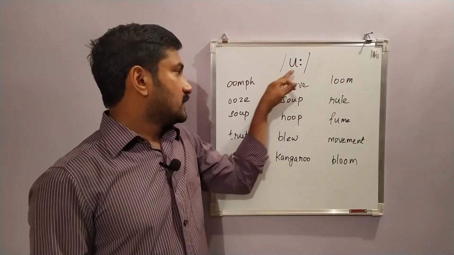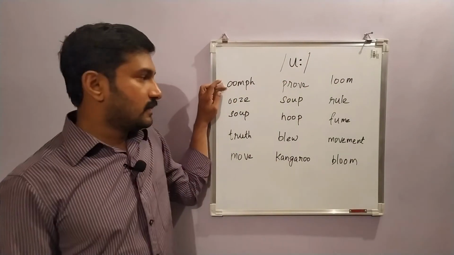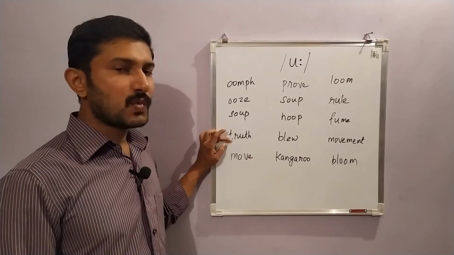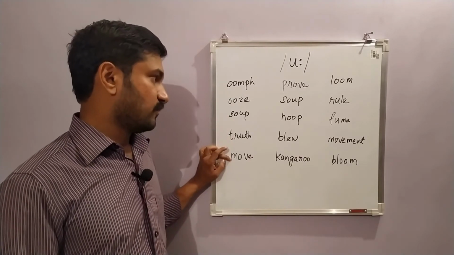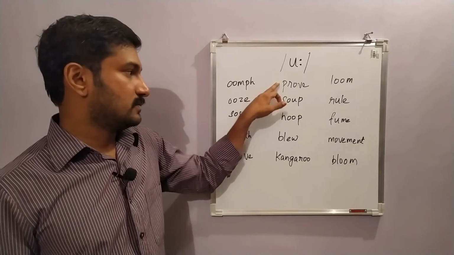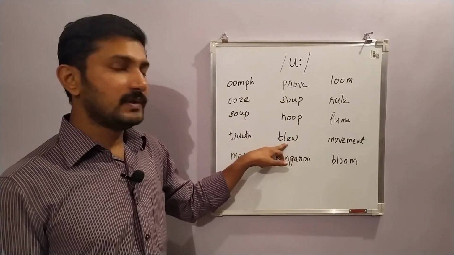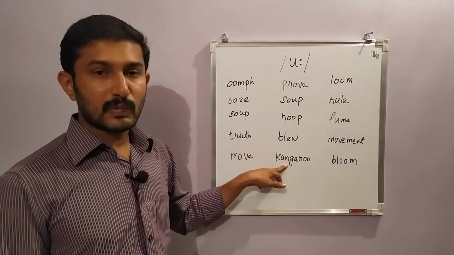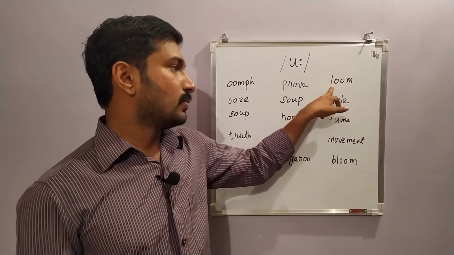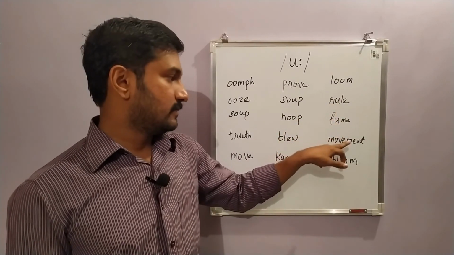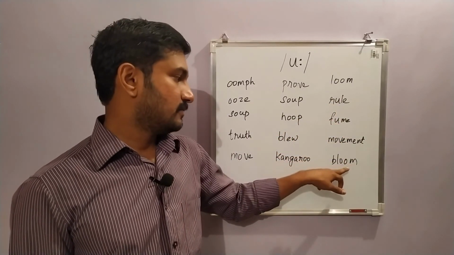Oo occurs in words like oomph, ooze, soup, truth, move, prove, hoop, blue, kangaroo, loom, rule, fume, movement, bloom.